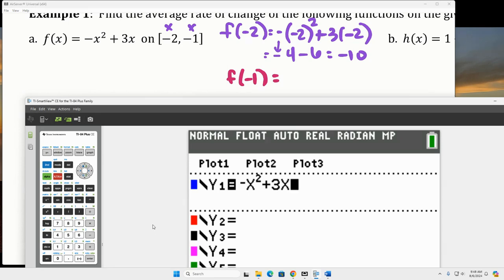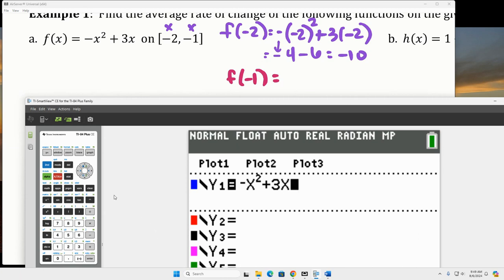So go ahead and get that typed into a Y1, please. You know you can go to the table and find what f of negative 1 is. But sometimes you need to find what f of 1.001 is. And so there is a better way than using the table. Everybody good? Got that typed in?